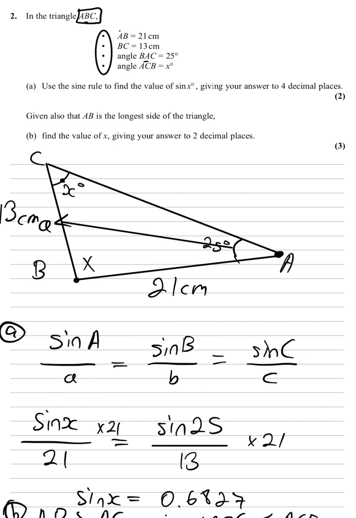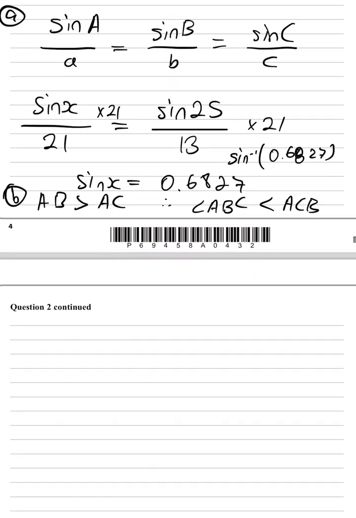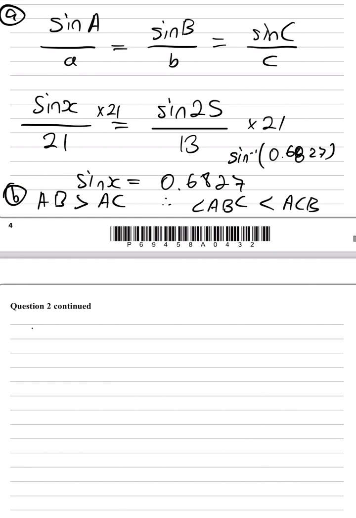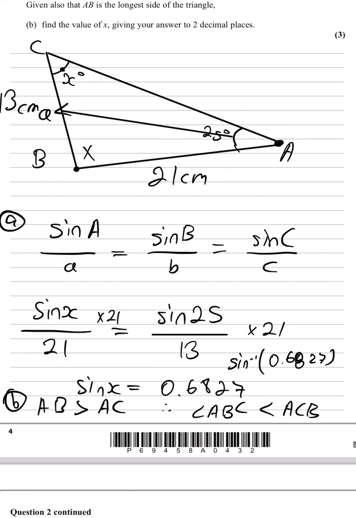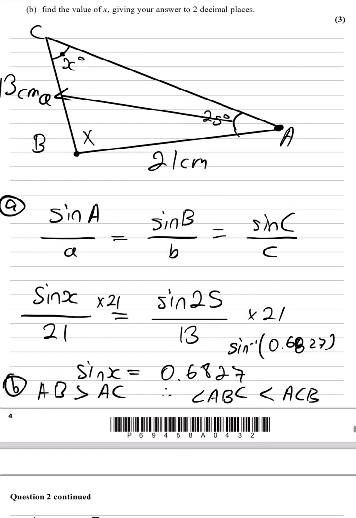That means when we inverse sine 0.6827, we realize that we get the angle 43.05 degrees. And that doesn't really make any sense if we have ACB as the greatest angle in this case.